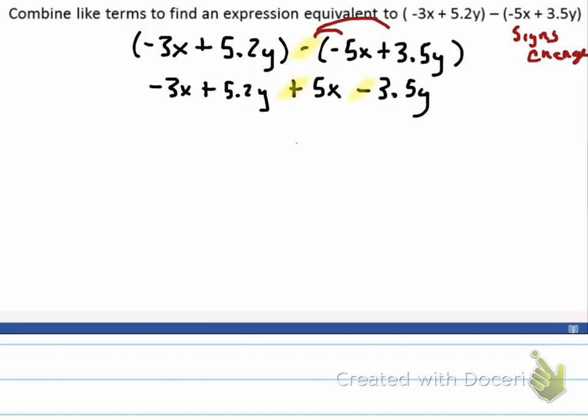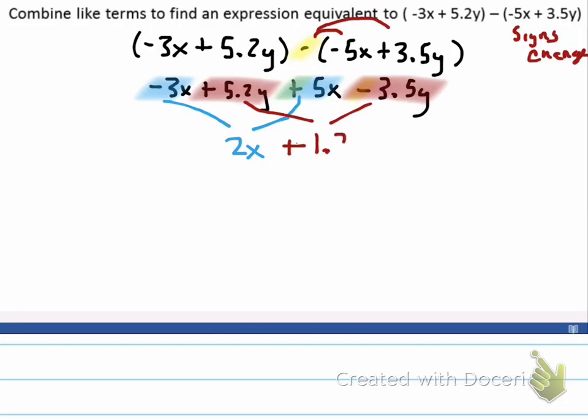And now I will go ahead and combine my like terms. So negative 3x plus 5x and plus 5.2y minus 3.5y. So this will become 2x, and then this is plus, because it's positive, 1.7y.